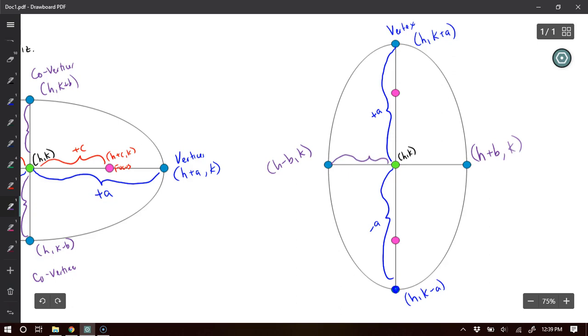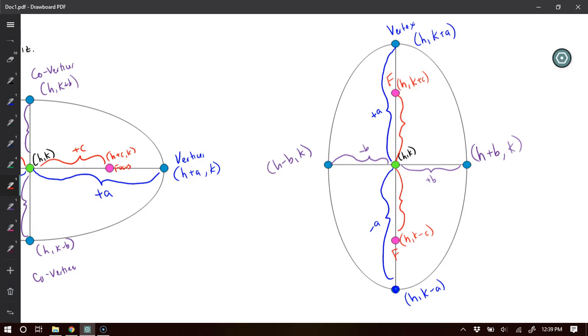That's the same definition as it was for horizontal. Foci are located on the same axes as your vertices. And notice you're just going up and down. So you're affecting your vertical, you're affecting the K value. So that's why this is H, K plus C and this is H, K minus C.